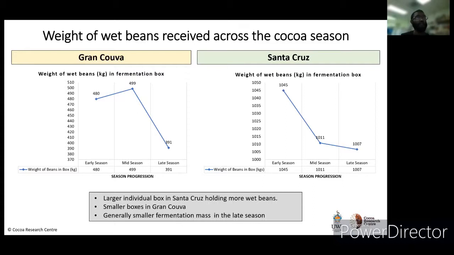A common trend we saw in both locations was that from the mid-season to the late season, there was a very similar decrease, but with the smallest decrease occurring in the Santa Cruz area.